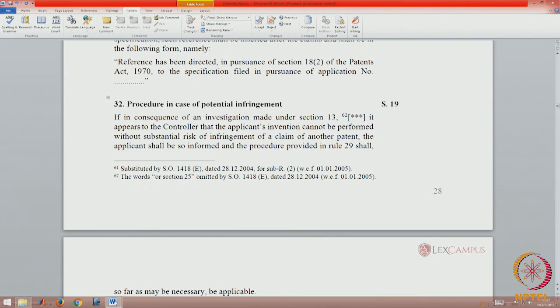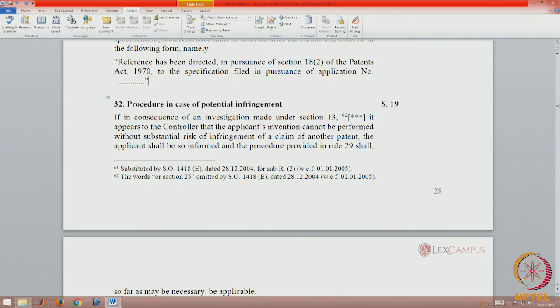Rule 32. If in consequence of an investigation made under section 13, it appears to the controller that the applicant's invention cannot be performed without substantial risk of infringement to a claim of another patent, the applicant shall be so informed, and the procedure provided in Rule 29 shall, so far as may be necessary, be applicable. So this is quite straightforward.